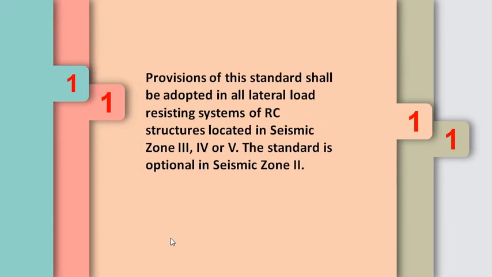Provisions of this standard shall be adopted in all lateral load resisting systems of RC structures located in seismic zones 3, 4, and 5. The standard is optional in seismic zone 2.